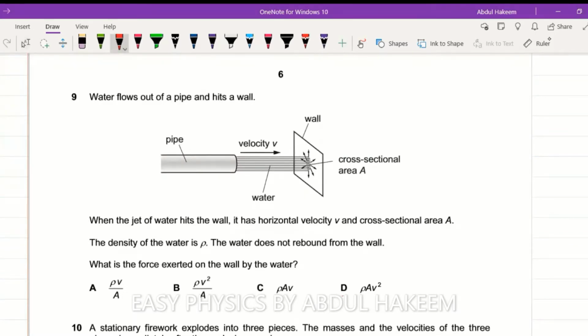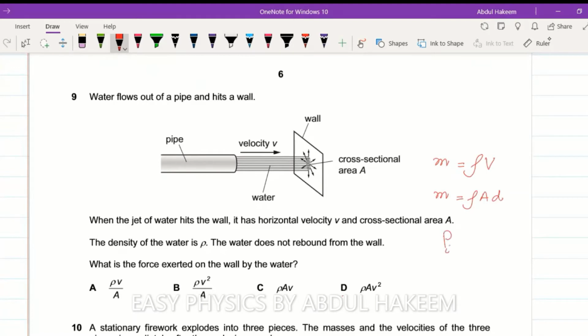Look, first, the mass of the object is equal to density multiplied by volume. The mass is density times area times height, or area times the distance. And its velocity is given.